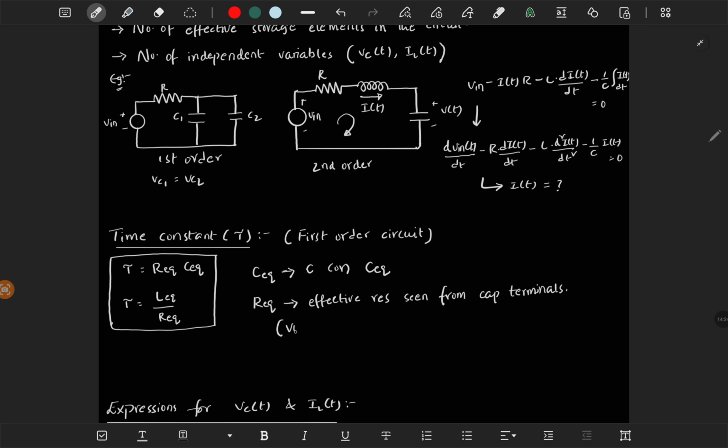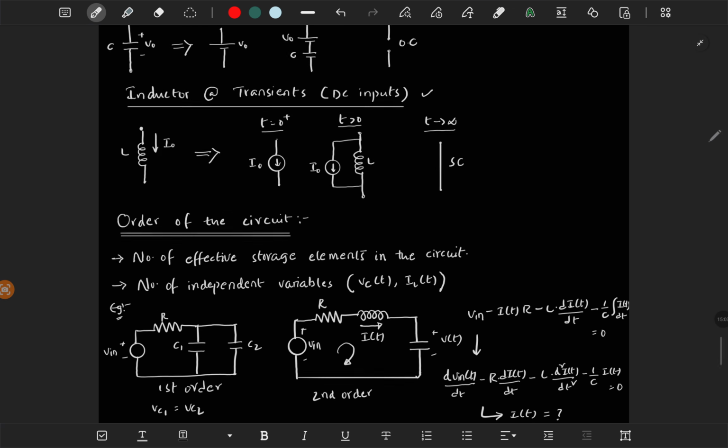It means the voltage sources should be short circuited and current sources should be open circuited. Then across the two terminals, if you find the resistance, that is R equivalent. Then if you multiply that R equivalent with C equivalent, you will get the time constant.